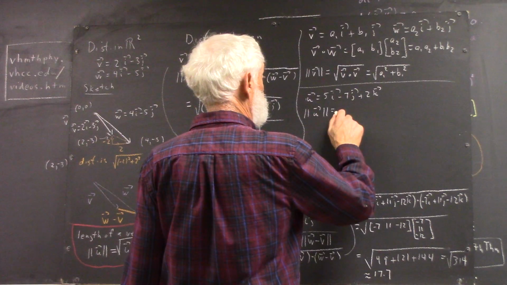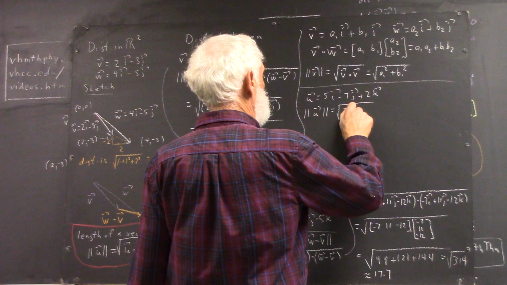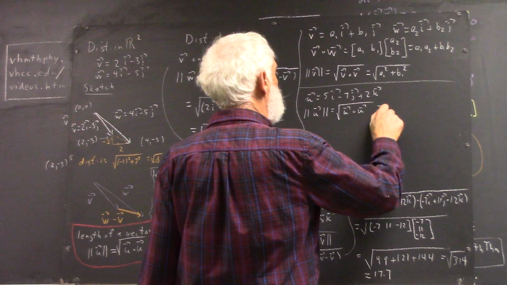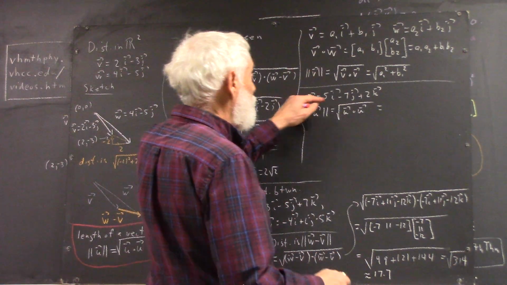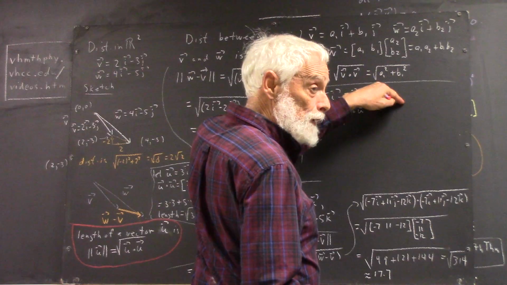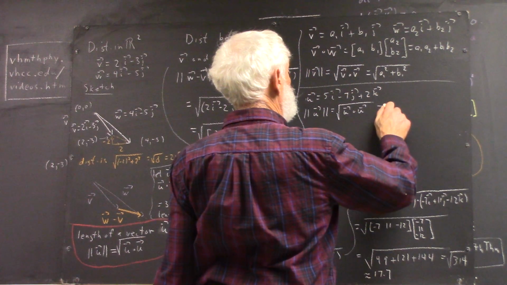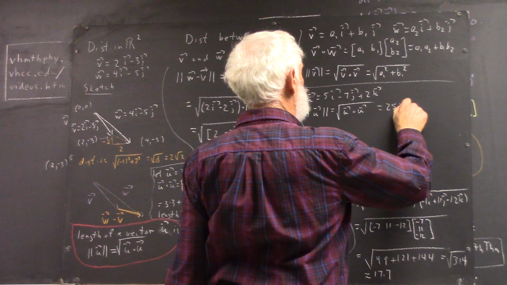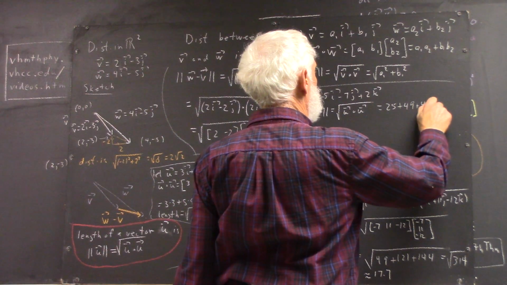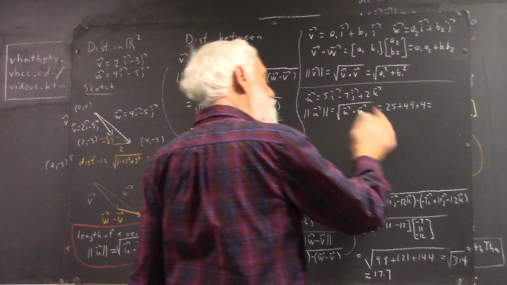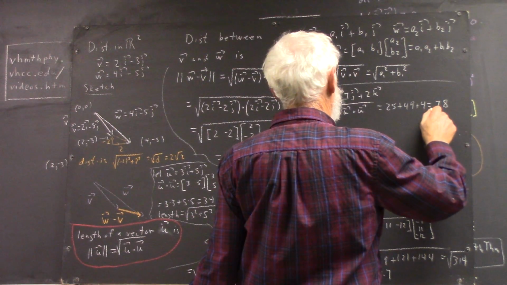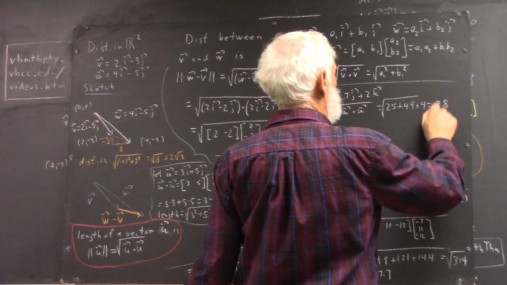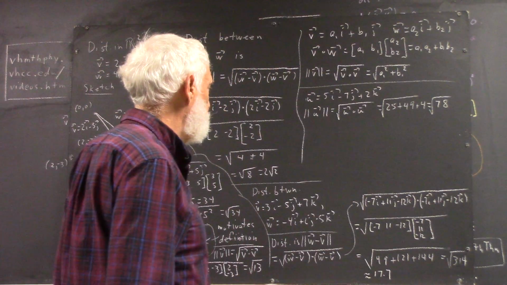It's just the square root of U dot U. And U dot U, again, is just going to be the row 5, negative 7, 2 times the column 5, negative 7, 2. It's going to give you 25 plus 49 plus 4 equals 58. No, it's not 58, it's 78. And it's the square root of that, okay?